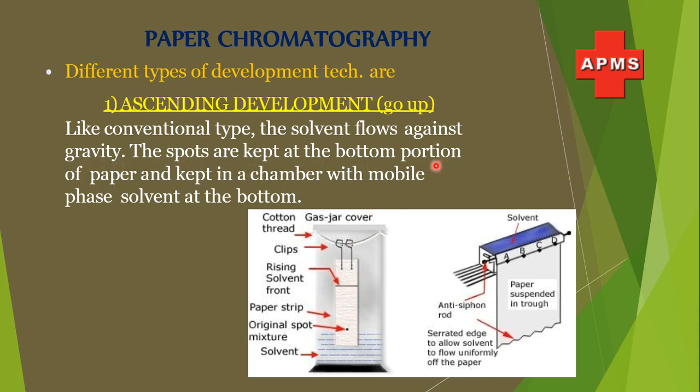The spots are kept at the bottom portion of the paper, in a chamber with the mobile phase solvent at the bottom as shown here. The glass jar or chamber is covered by a lid. Here clips are shown, using which we can hold this paper. Now we can see the solvent rising upward on this paper strip.